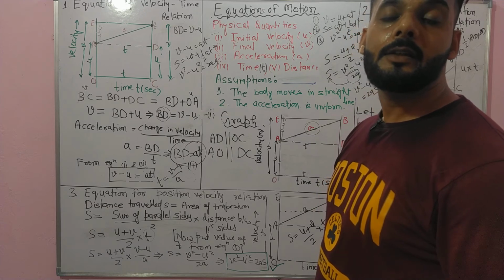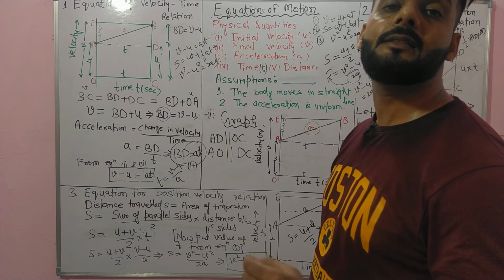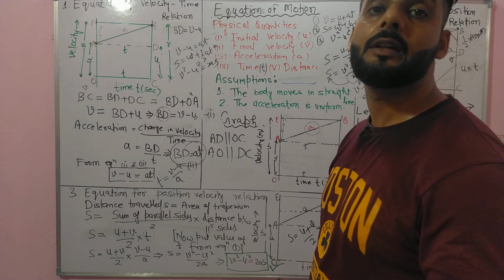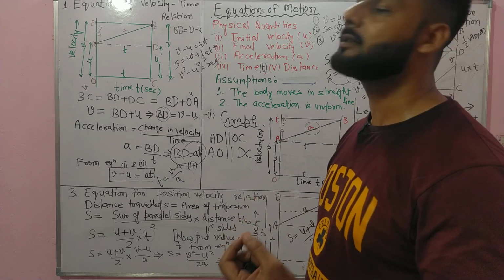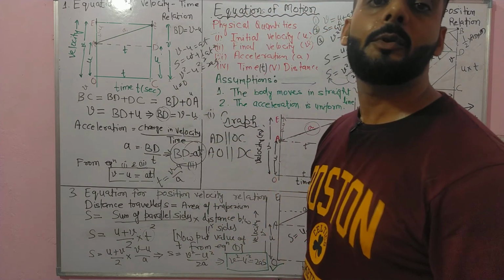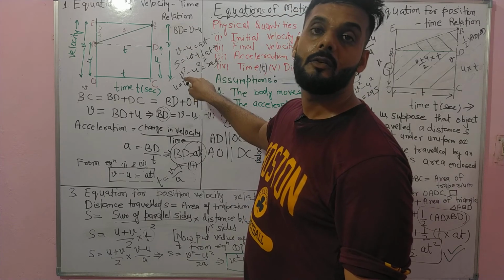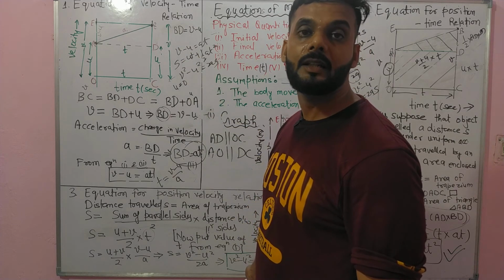If the initial velocity is 0, that means the particle is at rest and starts moving. So initially the particle is at rest, so the value of U is equal to 0. We will put U equal to 0 in all three equations and we can solve the numerical.